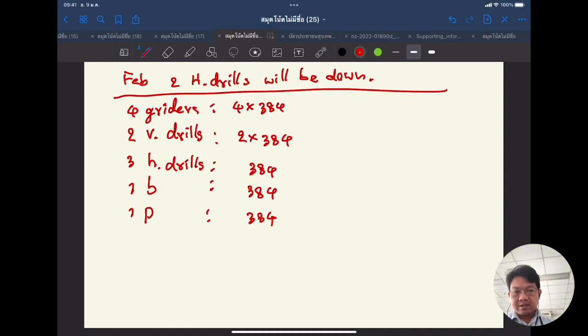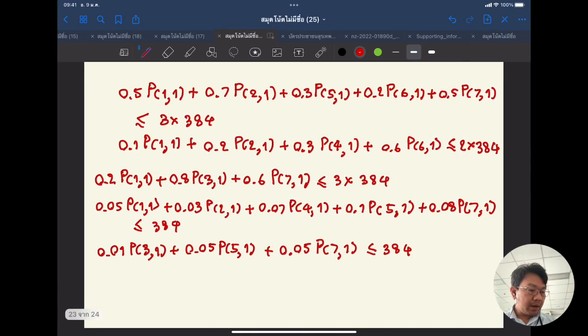Okay, and this matrix represents the availability of all machines in February. It's analogous to the previous one, because the left hand side is very similar, machines required for each product. But the difference is on the right hand side.